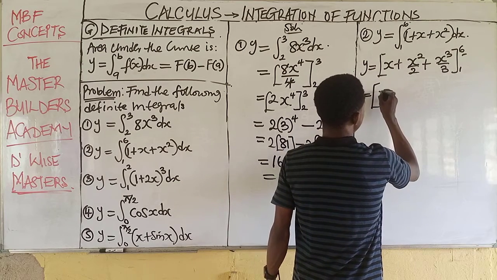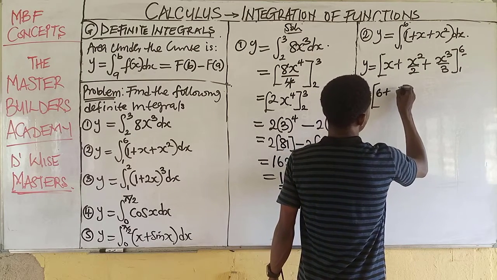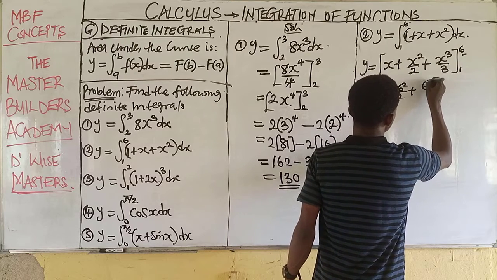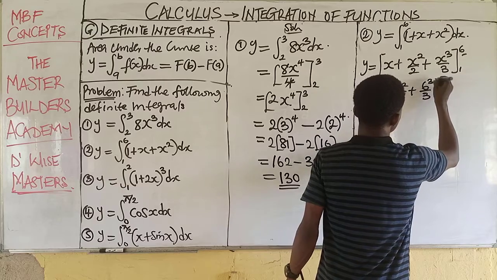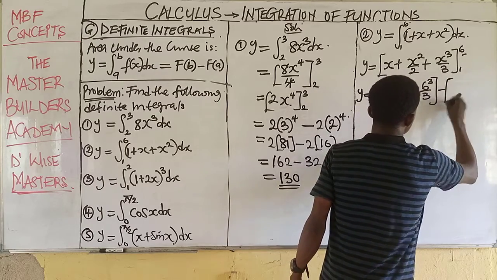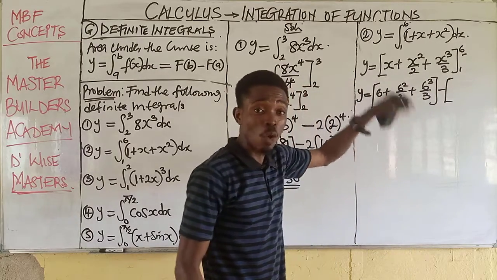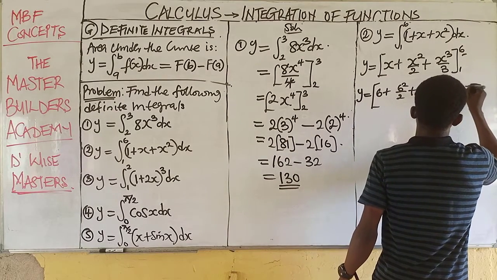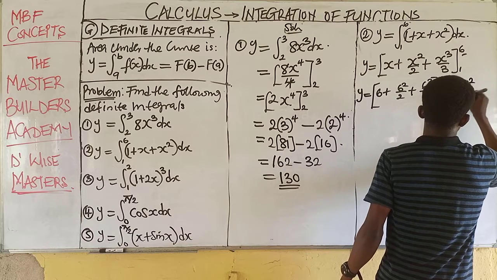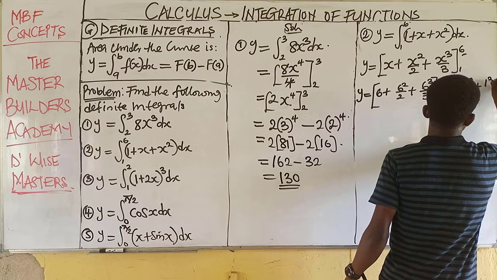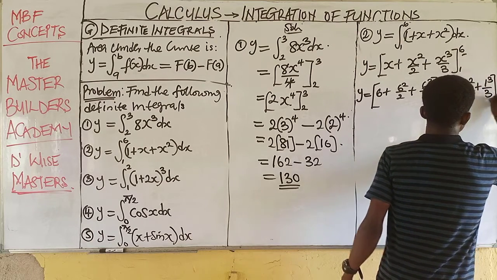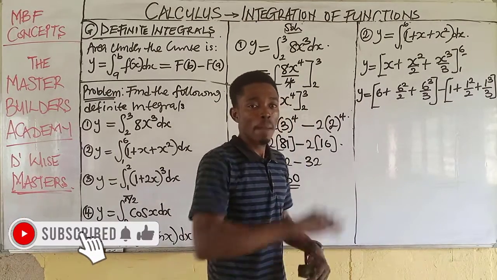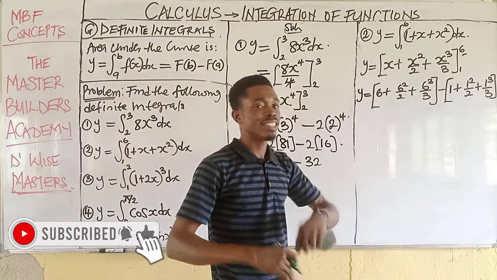So here we'll put in 6 plus 6 squared over 2 plus 6 cubed over 3. Then minus, we will now put in the lower limit. Then we have 1 plus 1 squared over 2 plus 1 cubed over 3. This is it. So first is to substitute the upper limit minus substitute in the lower limit.